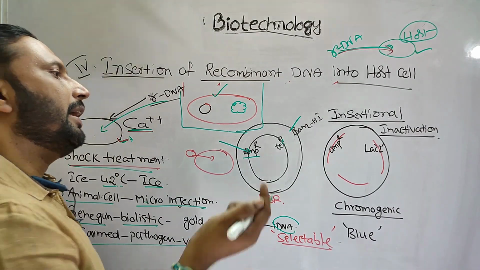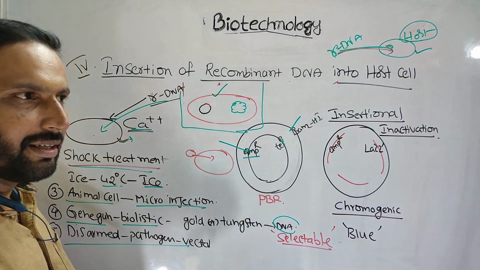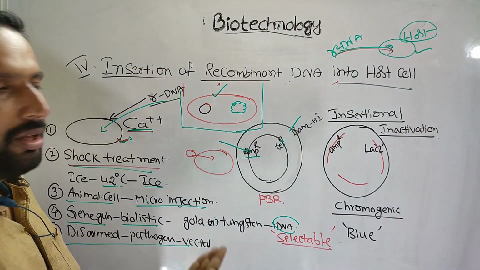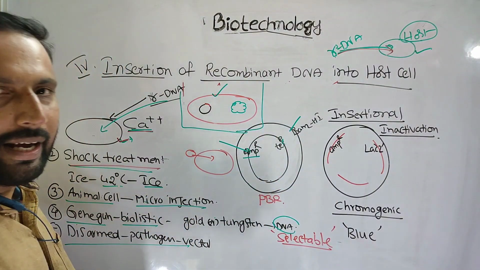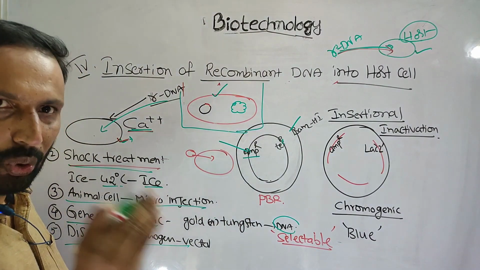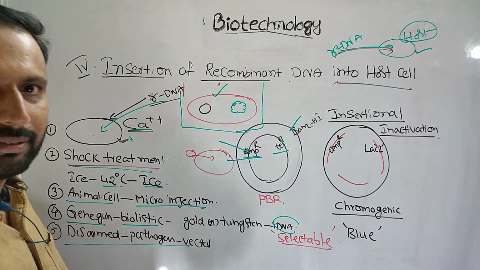If they contain the tetracycline resistance gene, they can survive in tetracycline medium, whereas those containing the ampicillin resistance gene can survive in ampicillin medium. This is important. That is why these are the selectable markers.